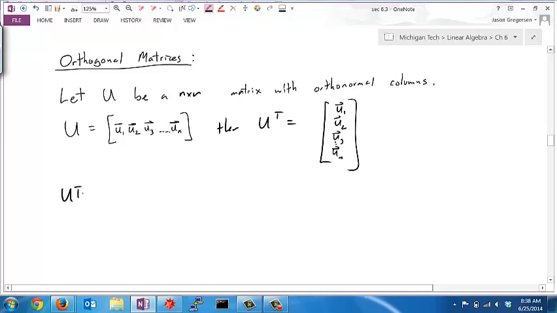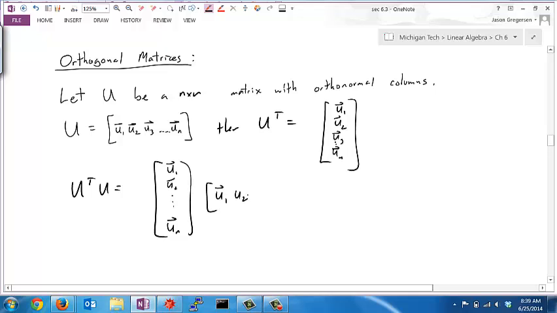Let's do U transpose U. I would be multiplying these two matrices, and these are both matrices here because I'm looking at their columns and rows as vectors here.